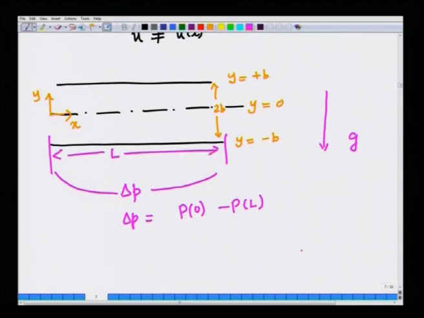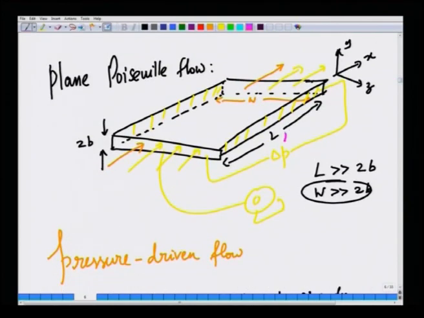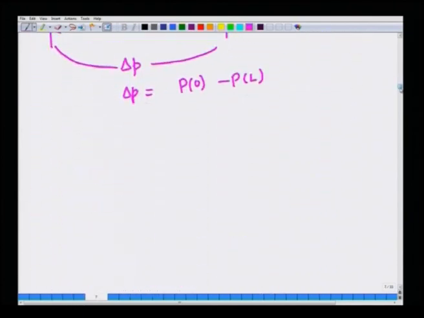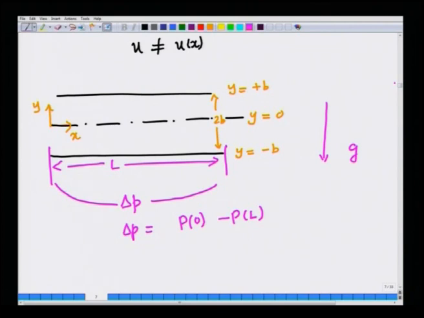Okay, as we have pointed out in this figure, L is the length of the channel. So, this is the simplified problem, that is, you consider flow in the xy plane because things are independent of z, because the width of the channel is very large compared to the gap thickness.